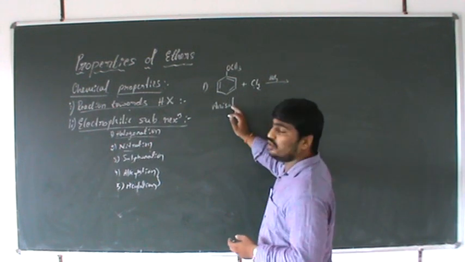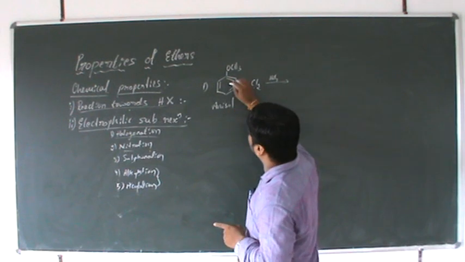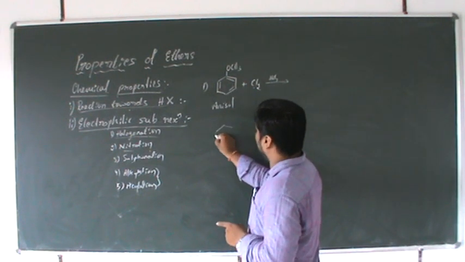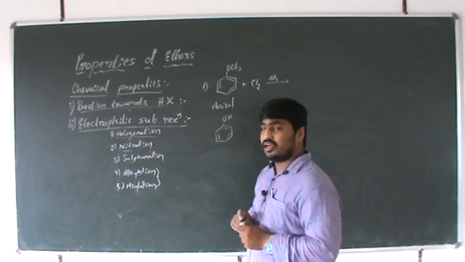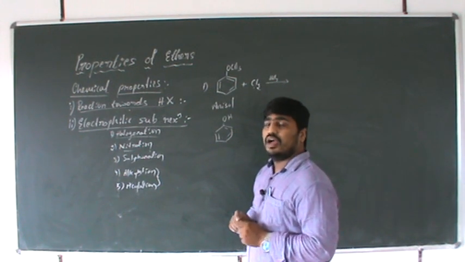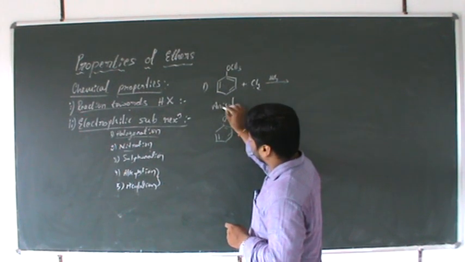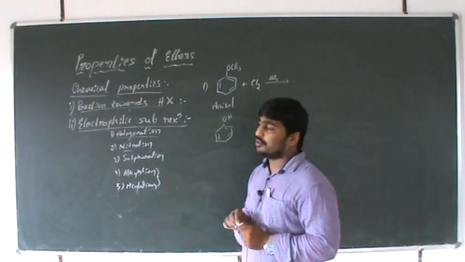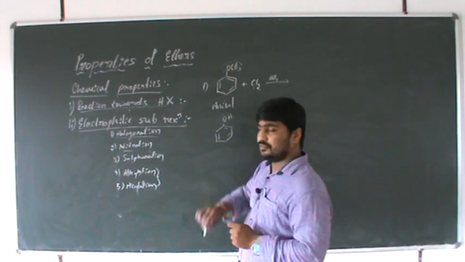This anisole is similar to phenol. Why? See here, phenol, benzene, OH, correct? The OH group is an electron donor. The CH3O group is also an electron donor.